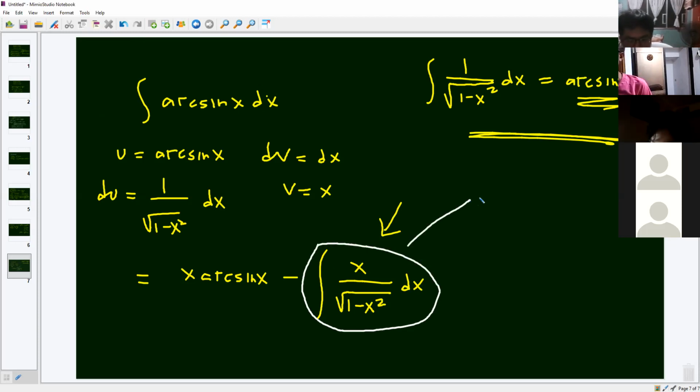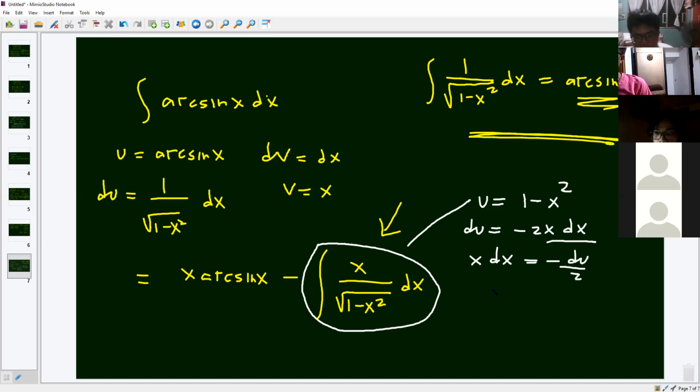So, u is the thing inside the square root, du is negative 2x dx. Right? So that x dx there, yun na yung nasa taas. x dx is negative du over 2.